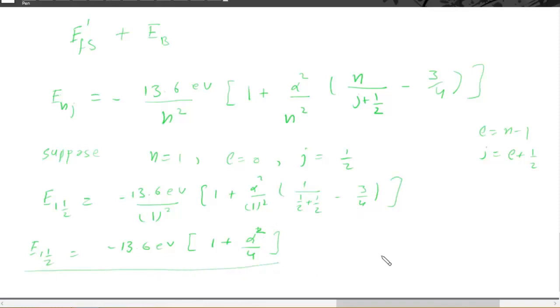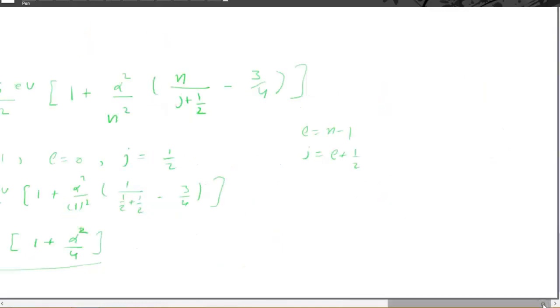For this state, the energy is this one. Okay, now we suppose another case here. For n is equal to 2, the value of L is equal to 0 and 1. Okay, first for 0, the value of j becomes half.